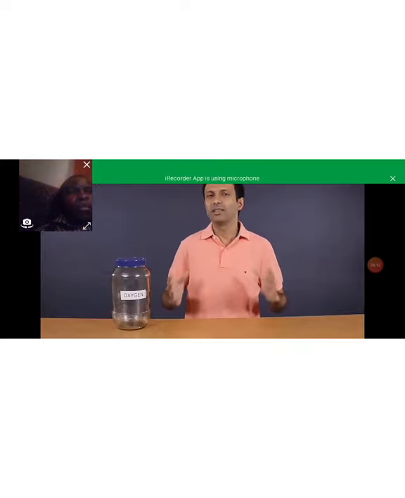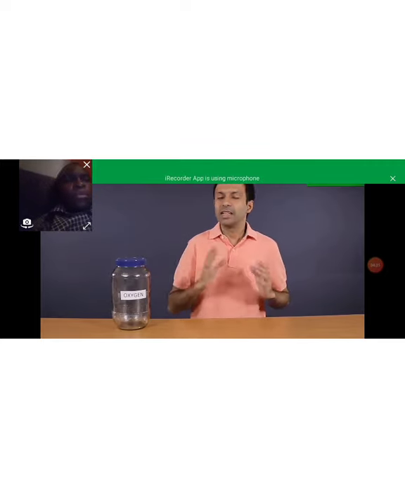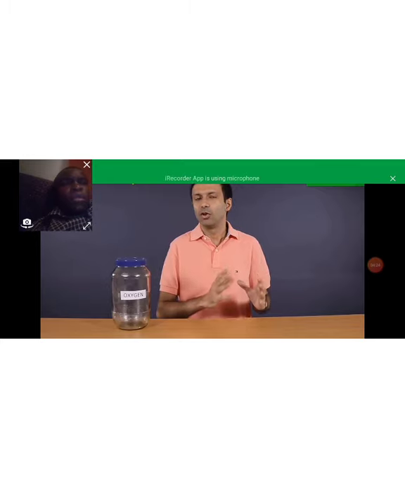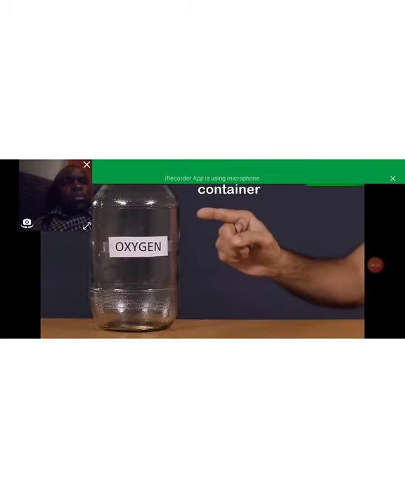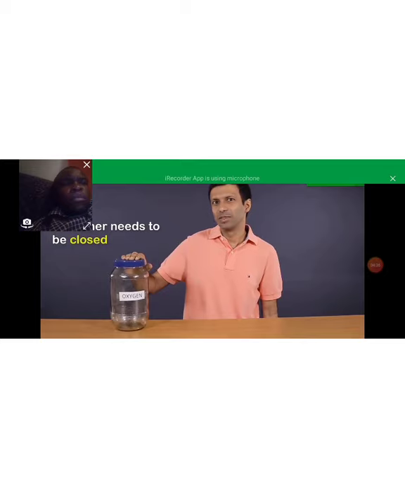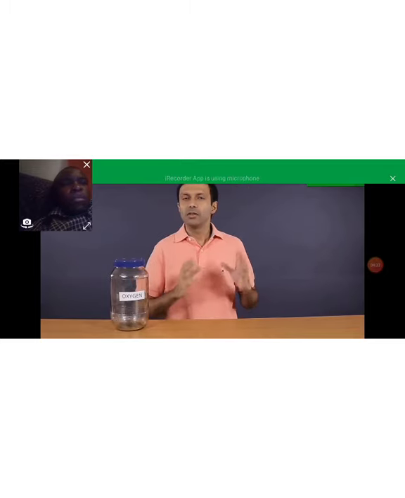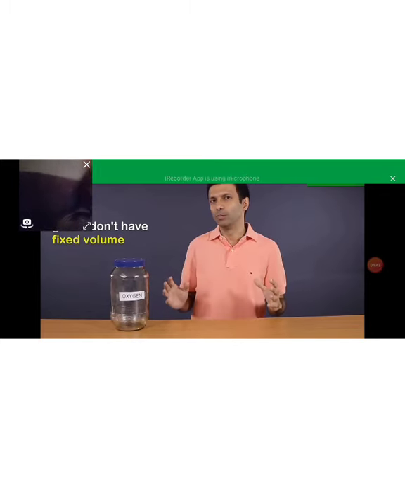Now let's take a look at the third state of matter, gases. Gases have neither a fixed shape nor a fixed volume. Just like liquids, gases take the shape of the container that they are in. One difference is the container needs to be closed. Now liquids have a fixed volume, but gases don't even have a fixed volume.